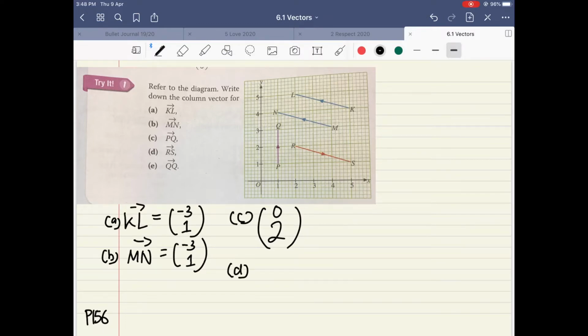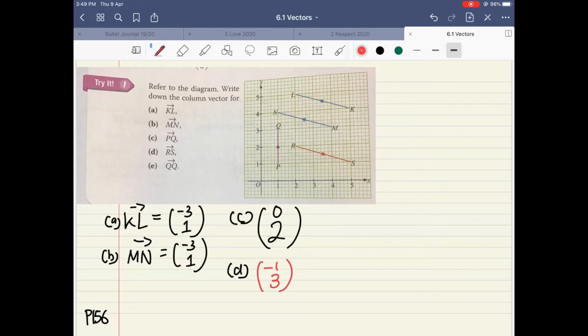Part D, we're looking at vector RS. Now some of you may do this for vector RS. If you start at R, you say, oh, I move down by 1 unit, so it's negative 1. Then I move to the right by 3 units, so it's positive 3. Then you will try to write down your answer as negative 1 and positive 3.